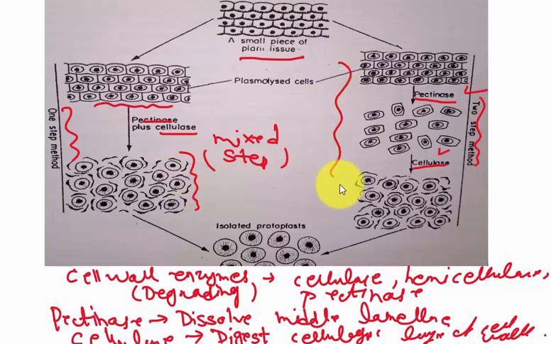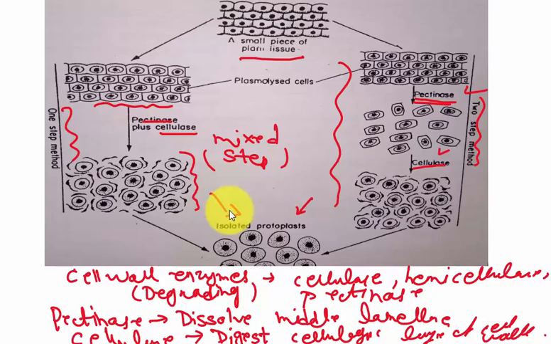In the two-step process, first pectinase dissolves the middle lamella between the cells, then cellulase degrades the cellulosic layer of the cell wall, and only then is the entire wall broken. But in the one-step method, pectinase and cellulase are mixed and break the entire wall in a single operation. In both cases we get the isolated protoplast.